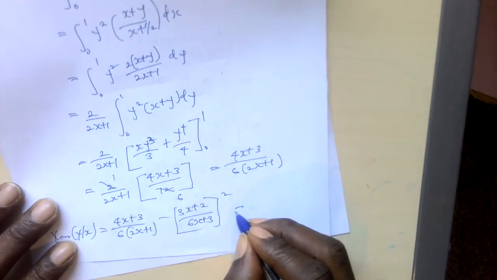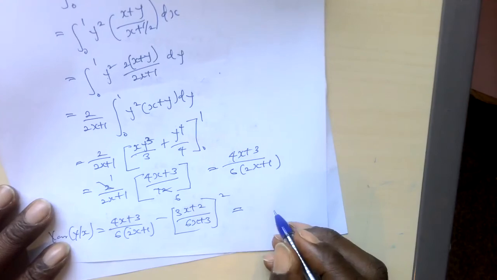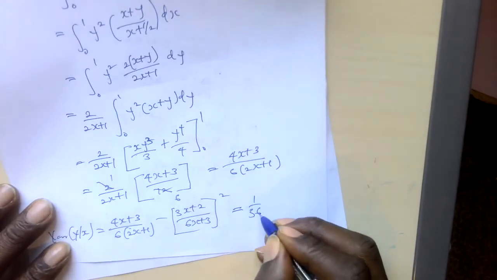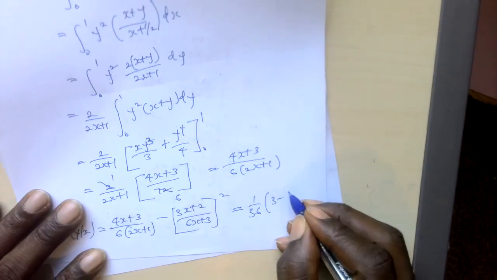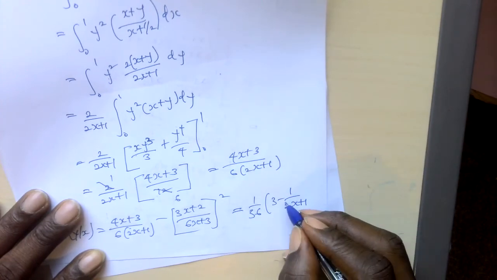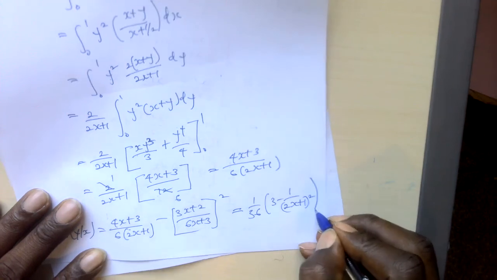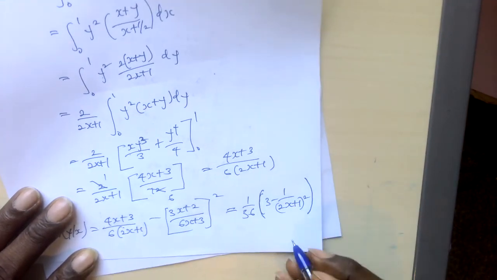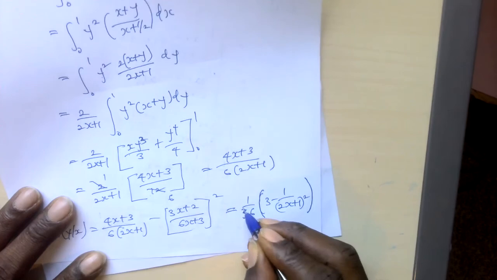So if you factor this out, manipulate this, it gives you 1 over 36 times 3 minus 1 over 2x plus 1 squared. Yeah, so it gives this, 36.